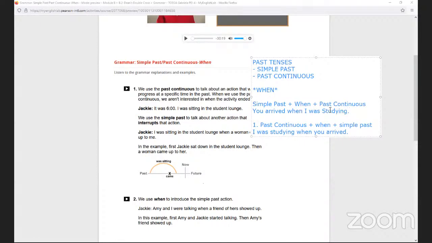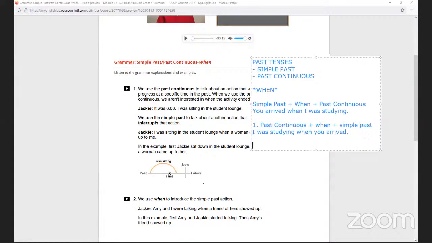It is okay, yes, but when we are using first the continuous and after the simple past, we are gonna show more emphasis on the action that is going to interrupt this first action. Okay. So this is okay too, but the most common one is this second. Okay.